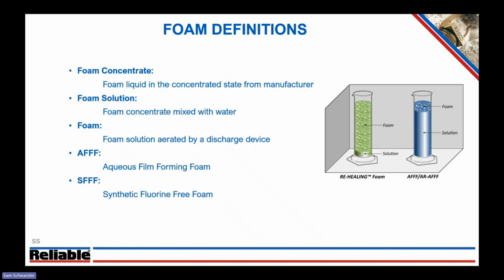That's what typically will be distributed through the piping network of our sprinkler system. Once that foam solution meets a discharge device, commonly a sprinkler, though there's a whole bunch of other discharge devices, foam solution discharges from the device, gets aerated, and then discharges as foam, and that's what's being applied to the protected area of our foam system.